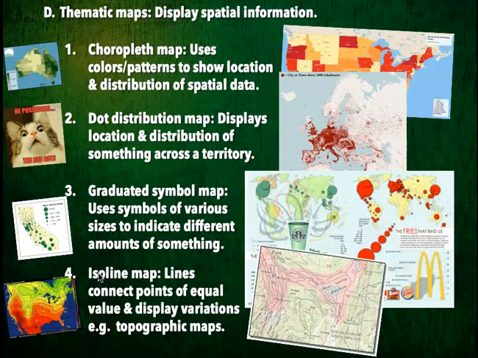And then isoline maps. These are ones that I'm mainly used to seeing for topographic maps, like a hiking map. It's going to show where elevation is beginning to rise. As you're looking at one of those maps, you can tell there's going to be a climb here, and in another area you're going to be dropping into a valley.